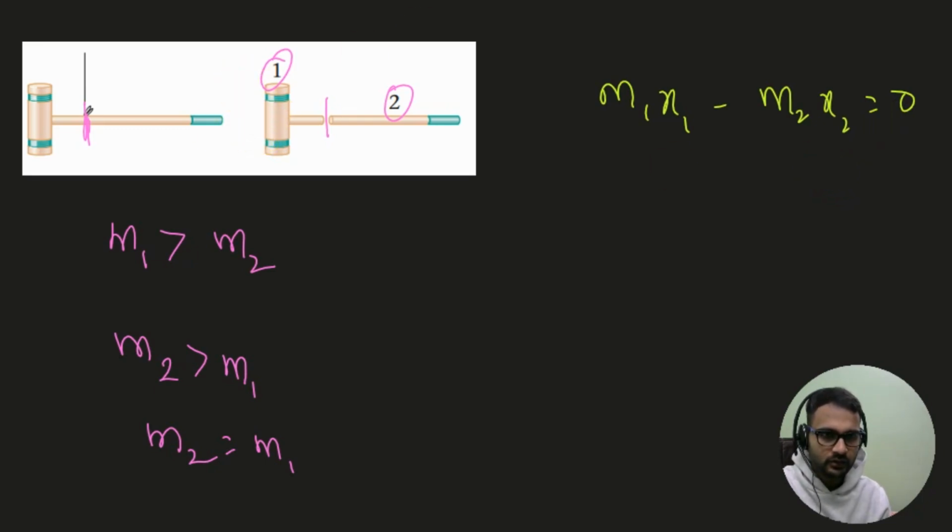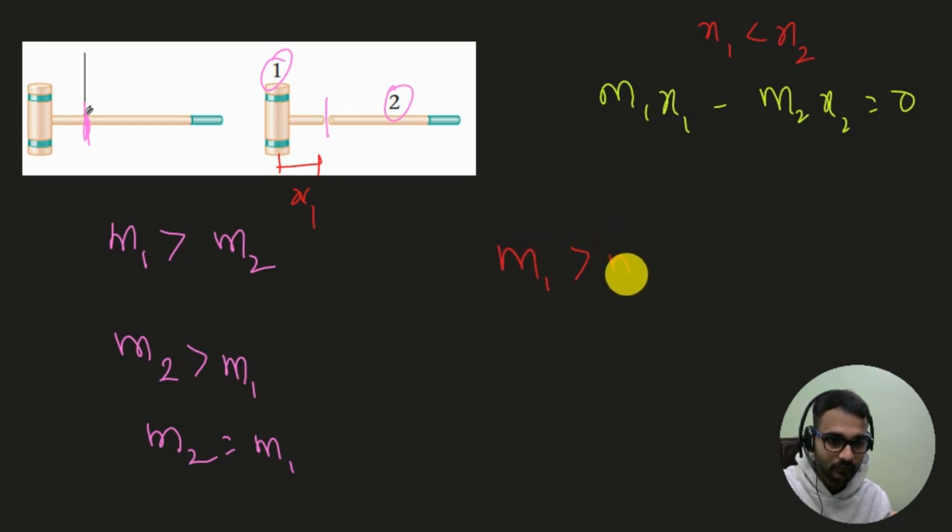Now if you take this distance to be x1, clearly x1 is less than x2, or x2 is greater than x1. So m1 should be greater than m2, such that from this equation you can write m1 x1 is equal to m2 x2, right?